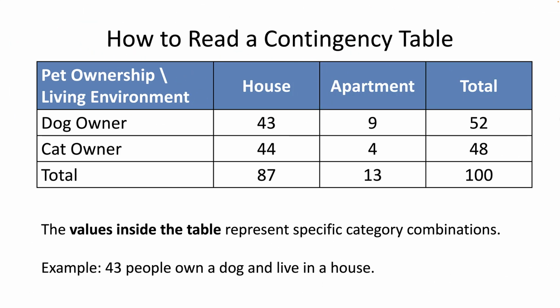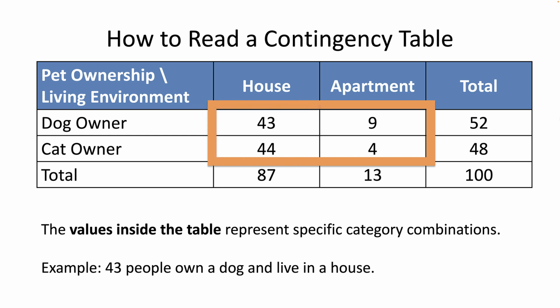Let's take a look at how we read a contingency table. The values inside the table represent specific category combinations. Looking at the first number, which is located in the second row, second column, we see 43 people who owned a dog and lived in a house.